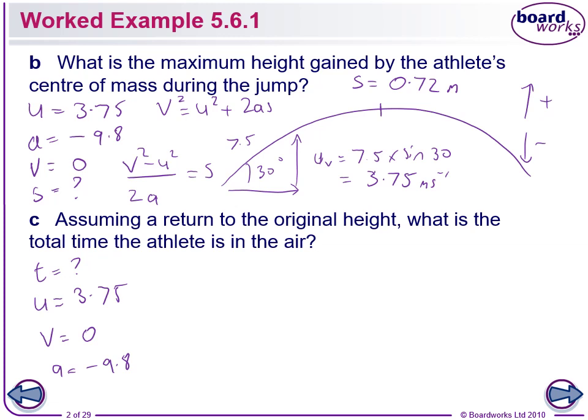We're looking at how long it takes for the long jumper to get from their launch point to their highest point. I love when we have these letters because you can use this equation, and it just makes life so easy. So if we want to solve for T, T is equal to V minus U on A.